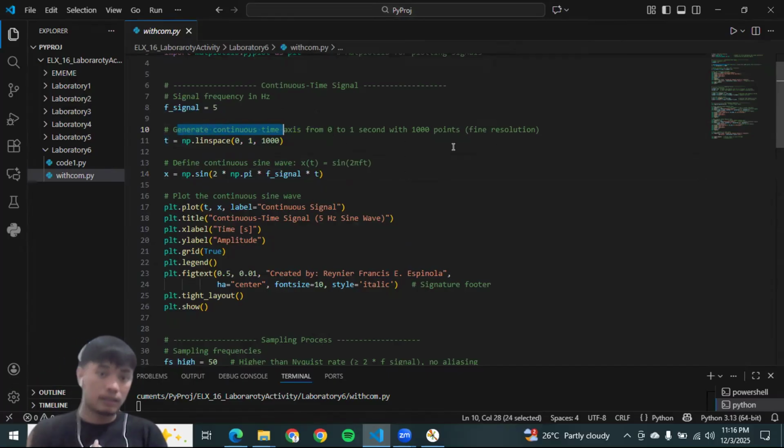Next block, we need to plot the continuous sine wave. We plot t against x, with the label continuous signal.